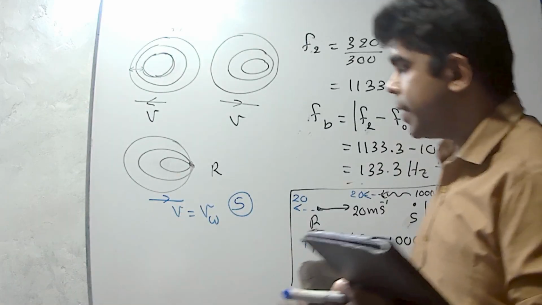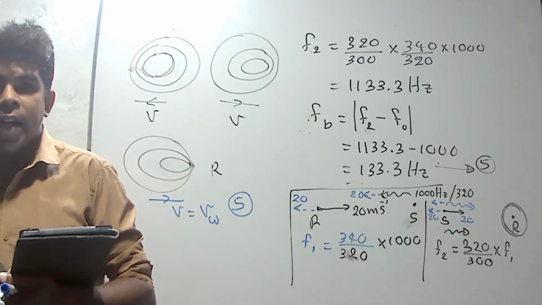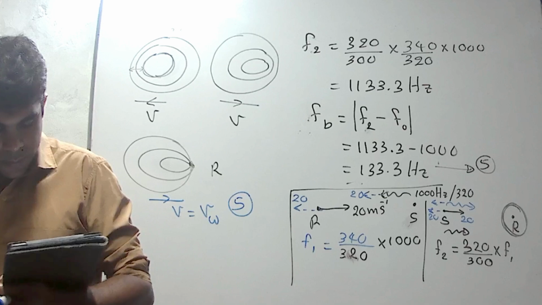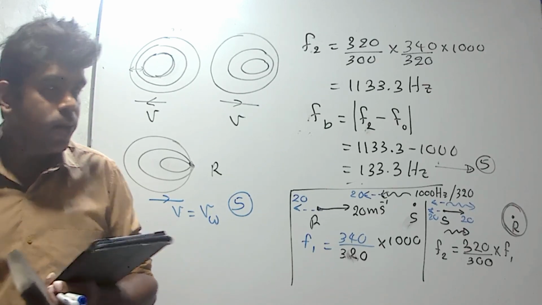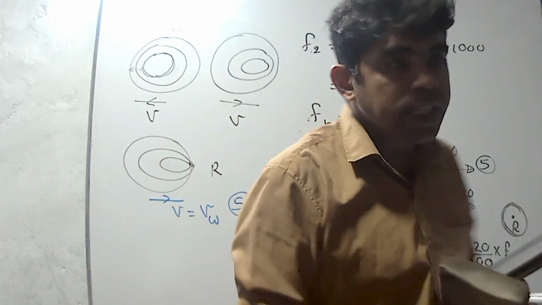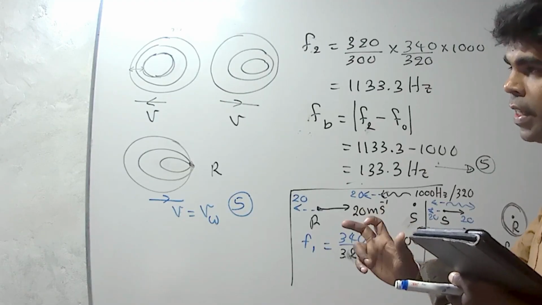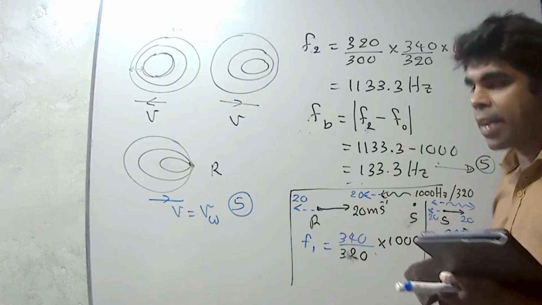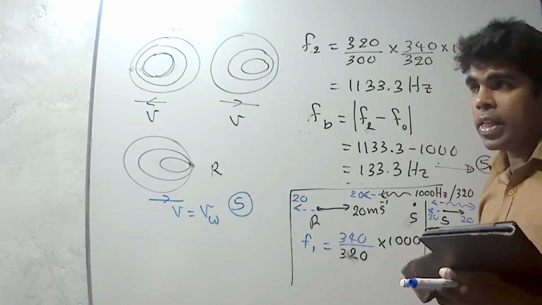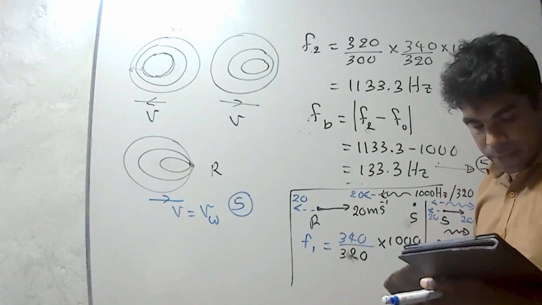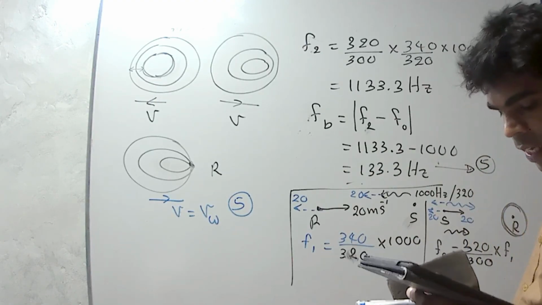We can get that when the gap between receiver and source is increasing, the receiver can observe a frequency less than the real frequency. When the gap is increasing, apparent frequency is less than real frequency. When the gap is decreasing, apparent frequency is greater than real frequency. Then we can get that the fourth one is the correct answer.